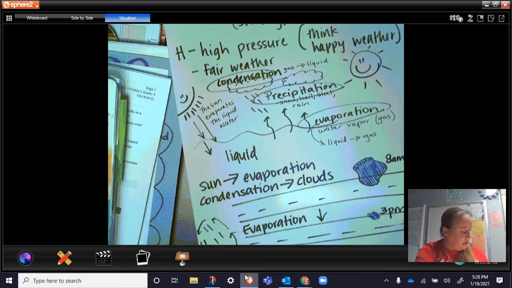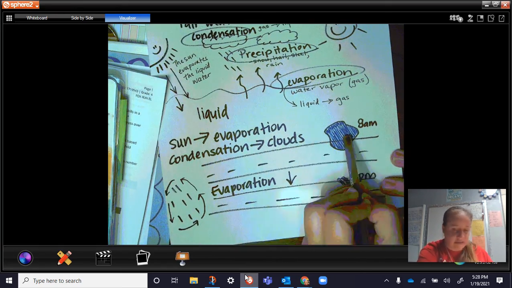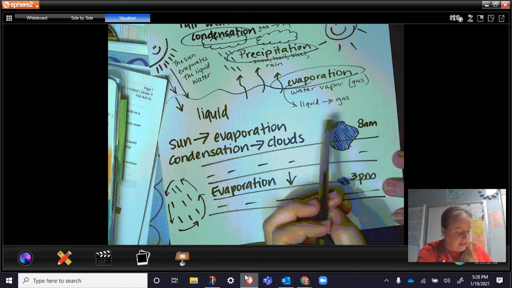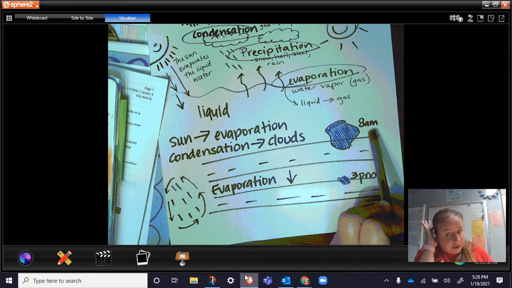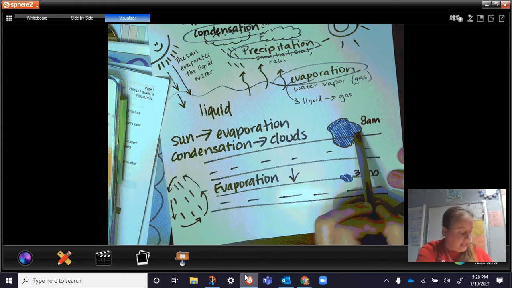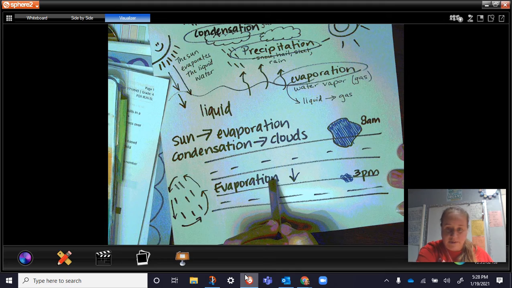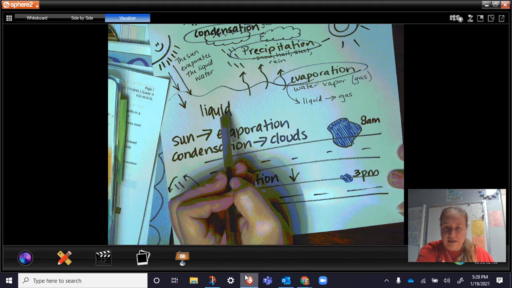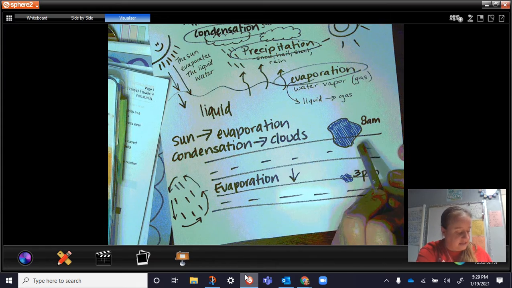All right, then here, this little drawing down here shows a puddle. Let's say it rained a little bit this morning, and we've got a puddle that happens at 8 o'clock. Well, throughout the day, let's say the sun comes out and starts shining on my puddle, evaporation is going to happen, just like in the ocean or in a lake or a river, wherever you've got that water and the sun is heating it.